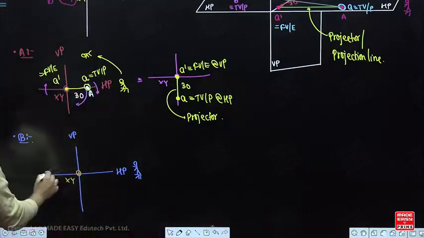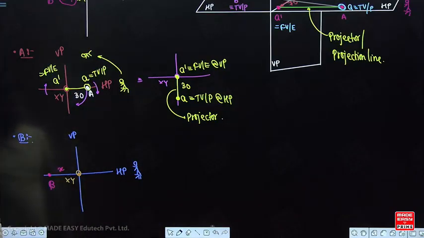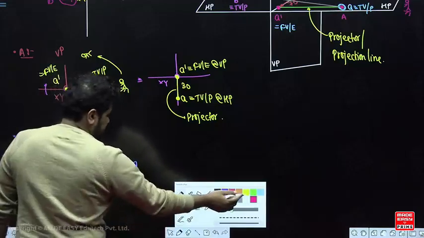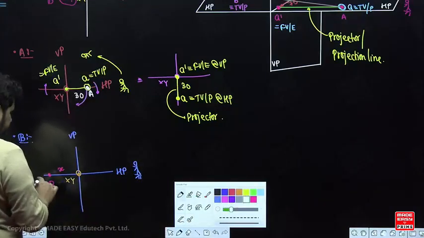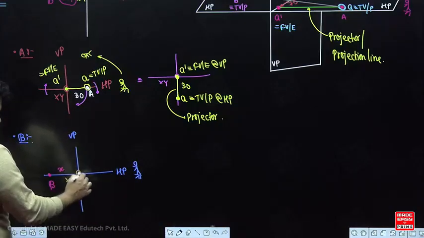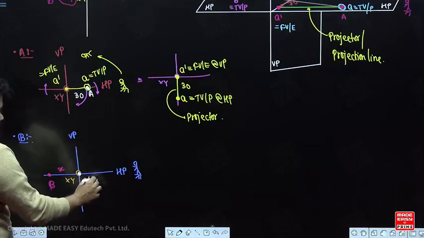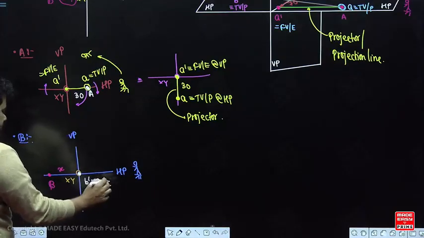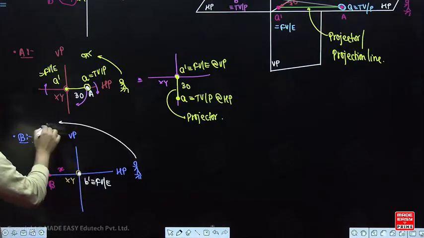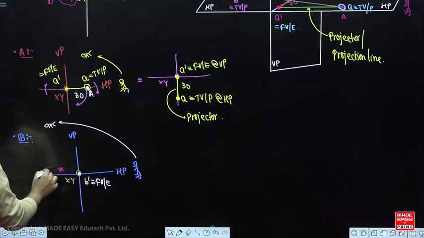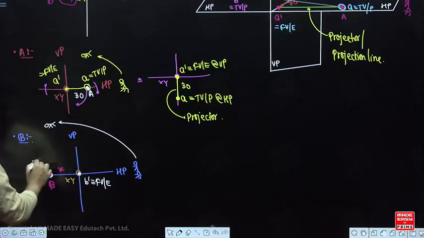Now this point is your B, which is at a distance X from VP, isn't it? Now if I take the front view, it will be your B dash, which will be the front view or elevation. And if this observer is going from the top and seeing, so B is exactly here, B is your top view or plan.